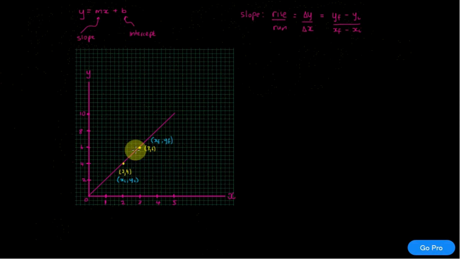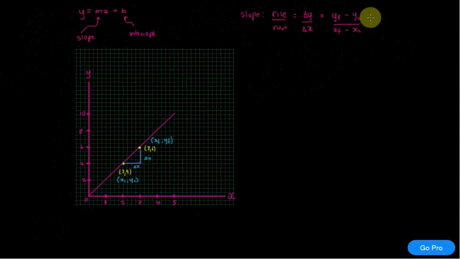What I'm trying to find out is the slope between these 2 points. If I draw a little triangle here, this is my change in y, and this is my change in x. That should hopefully be somewhat familiar.